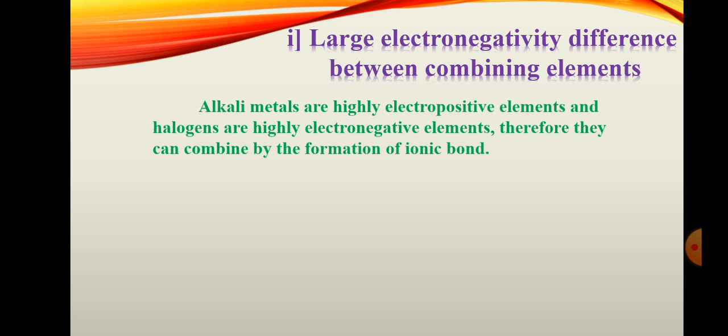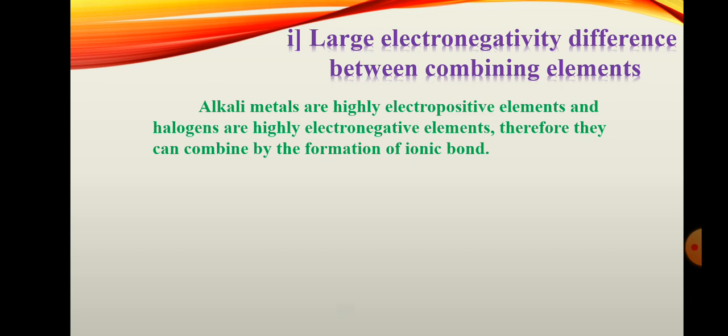So simply, alkali metals are highly electropositive elements in the periodic table, and halogens are highly electronegative elements. Therefore, they can combine by the formation of ionic bonding.